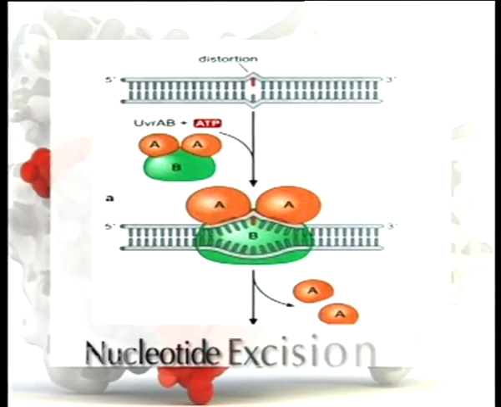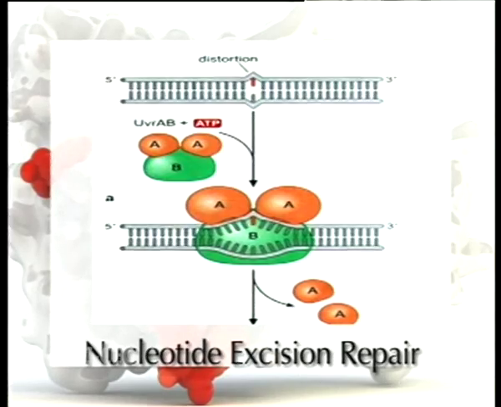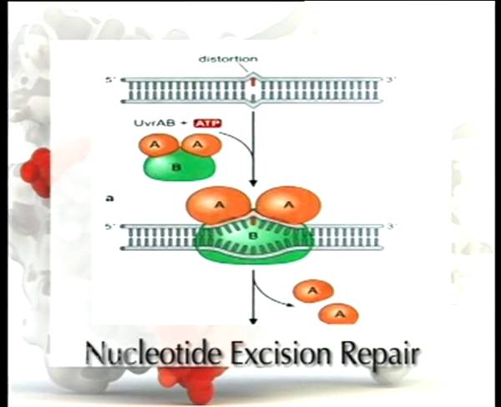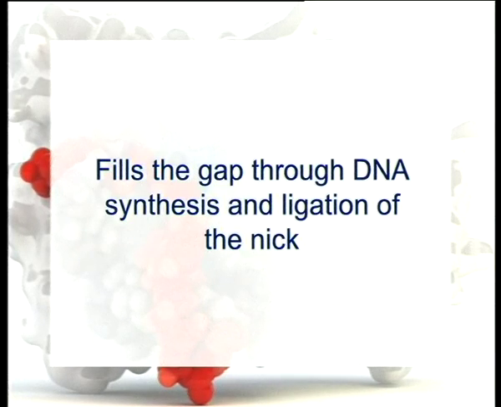Now, nucleotide excision repair. The nucleotide excision repair is a light-independent pathway involved in UV lesion removal. It is more general and flexible than photoreactivation, as it recognizes and targets the damaged strand and removes a 24 to 32 base oligonucleotide containing the damaged product and fills the gap through DNA synthesis and ligation of the nick.